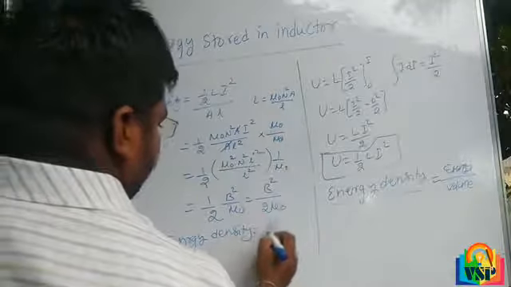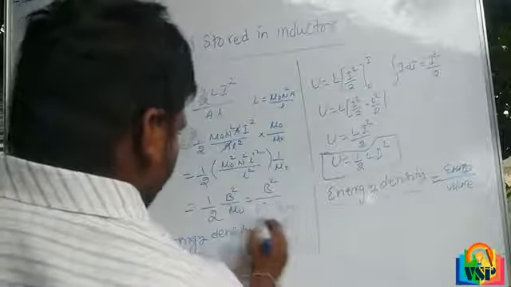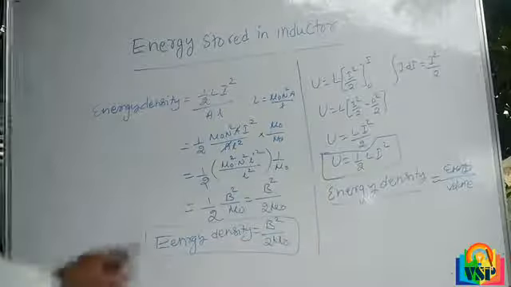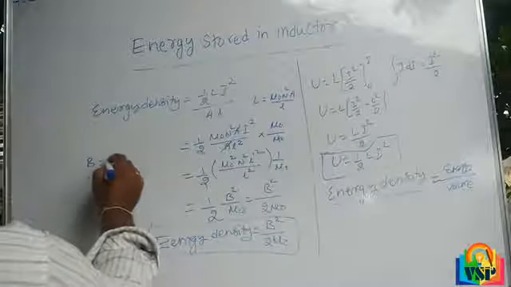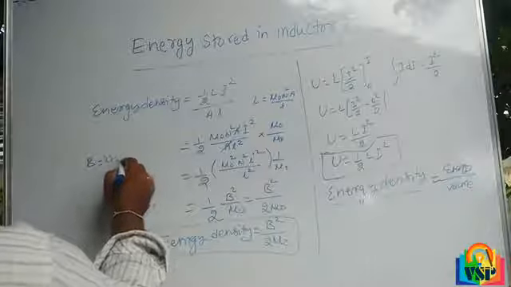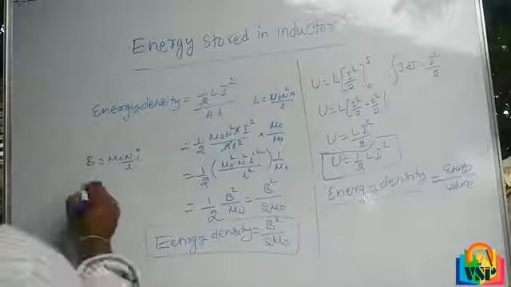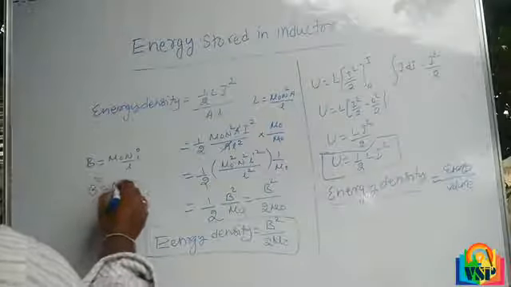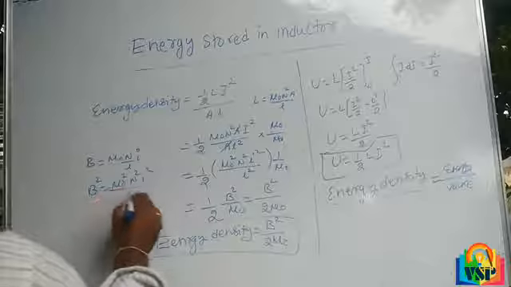B square by 2 mu naught. Very, very important one. Okay, so how we can get this? B is equal to mu naught N by L into I. B square means mu naught square N square I square divided by L square.